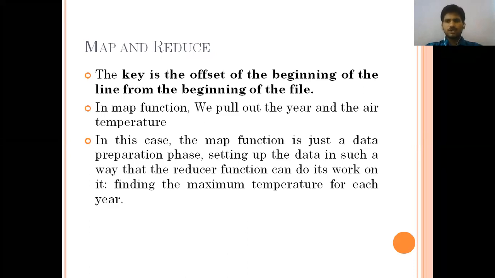For example, in 1 year we may consider 2 temperatures per month, so with 12 months we get 12 into 2, which is 24 temperatures in 1 year. For every month we consider, for example, the 15th and the 31st.